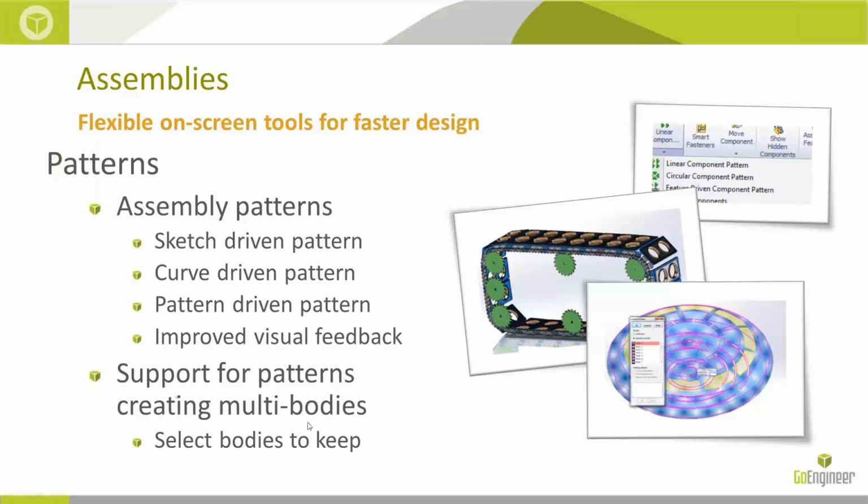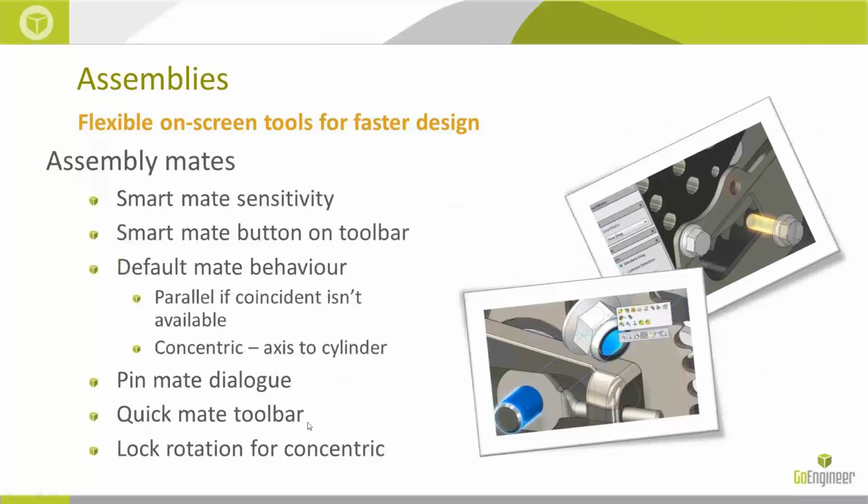In assembly mates, there's a couple things that I'll show you. As far as the SmartMate tool, there's a SmartMate button that you may not even have ever noticed before, but it's a little bit easier to get to now. Some default mate behavior has been changed. A few things that just make it a little more consistent with other types of tools. So let's just jump into SOLIDWORKS again and show you some of those.